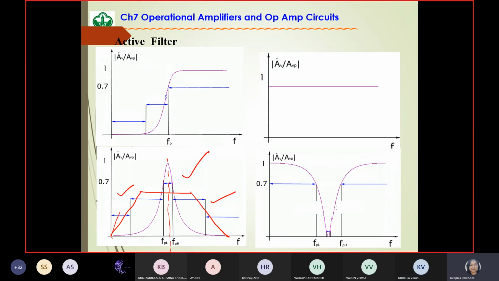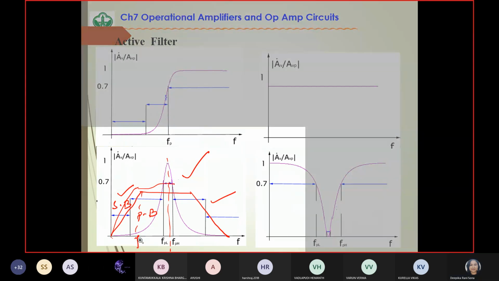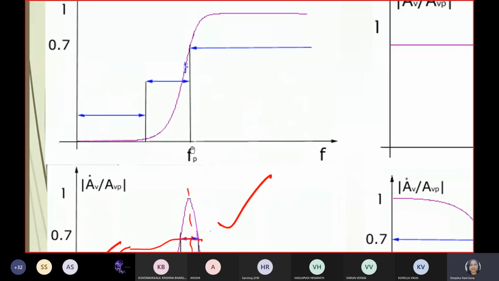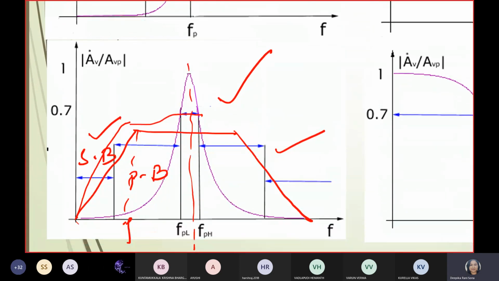See the response: this is increasing, then only it is flat. It means this is the passband and this is the stop band. So where are we getting this FL or FH, which one are we getting at this point?